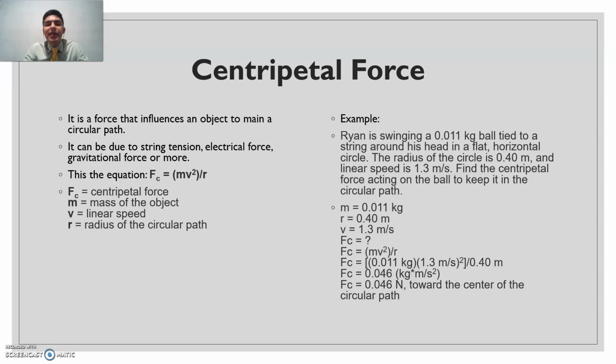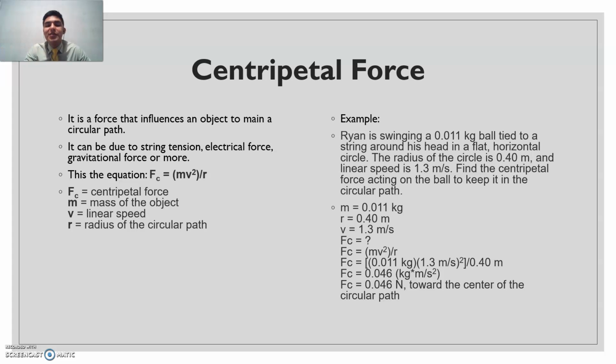So what's interesting about it right here is that we already have our formula, so we just have to substitute everything. We have our givens, which are the mass, the radius, and the linear speed.